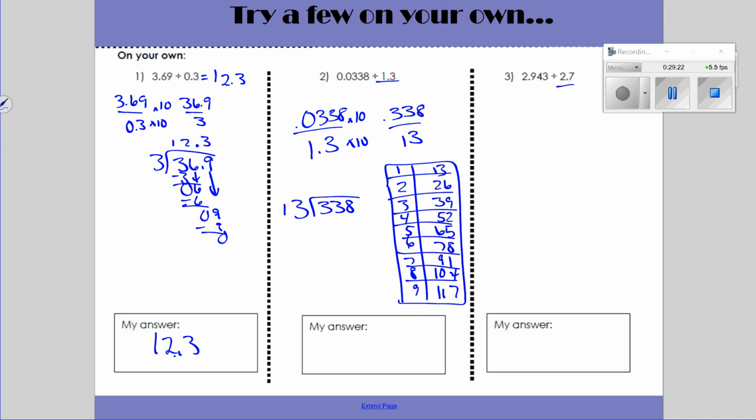Okay, once I have the cheat sheet, this should be very easy for us, right? Guys, please stop the chatter. So 2 gives me 26. 78 is going to go 6 times. So my answer was 26.